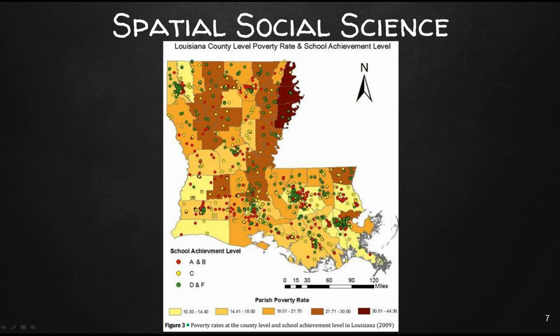High-performing schools are spread across the state, but in many areas there are concentrations of poor-performing schools. The map also shows that many schools are isolated and remotely located. So spatial techniques have the potential to explore the potential of these locations to impact school processes and outcomes.